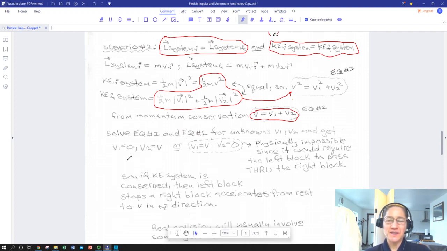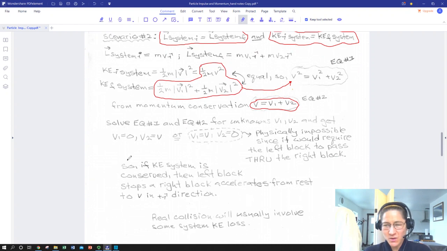If we solve them together, with the squared terms, we end up, of course, having two different sets of answers. As it turns out, we can have v1 being 0, this is post velocity, and v2 having the same velocity as the initial mass.